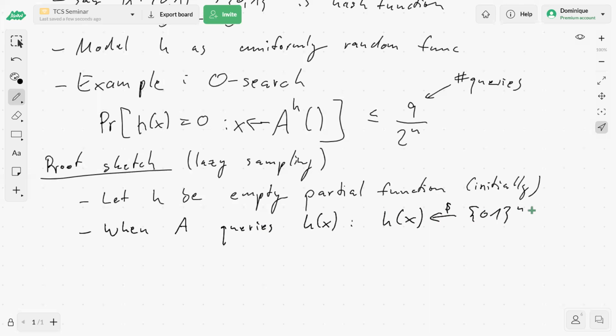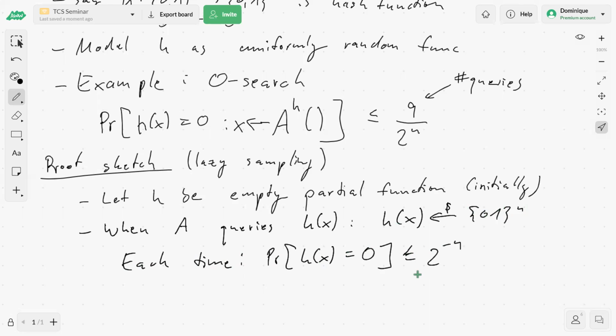It's easy to see that whenever we query it, we assign a random value. So each time this happens, the probability that the value that we just queried is 0 is smaller or equal to 2 to the minus n.